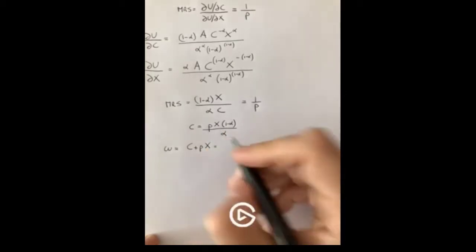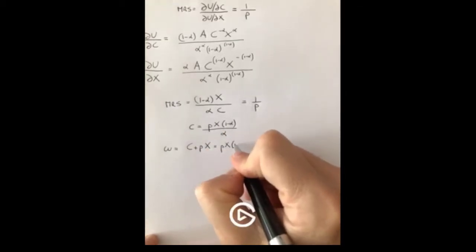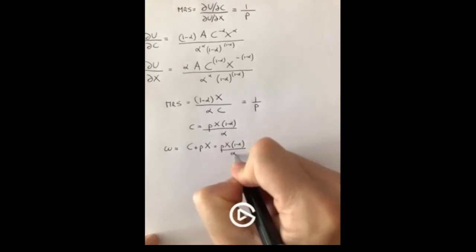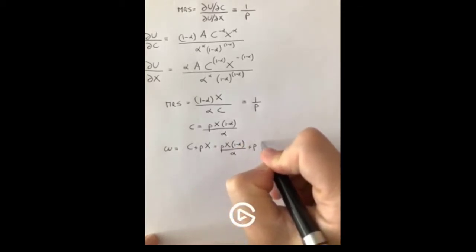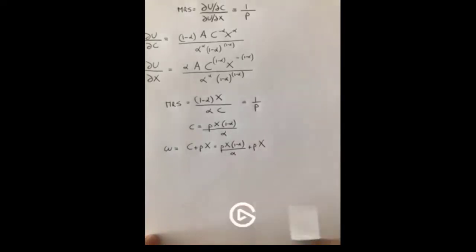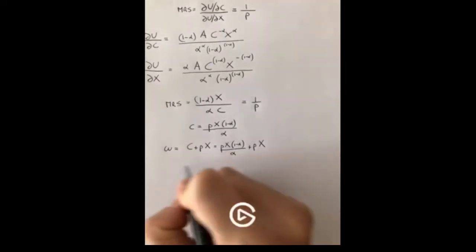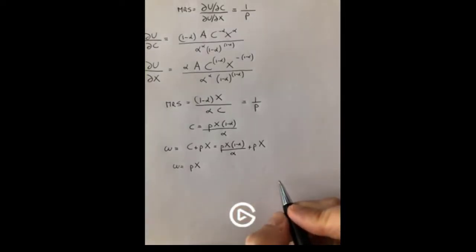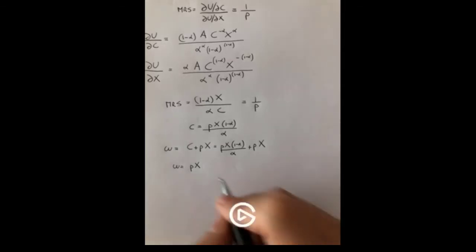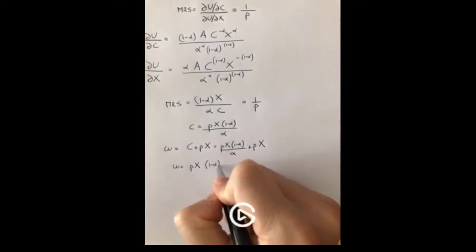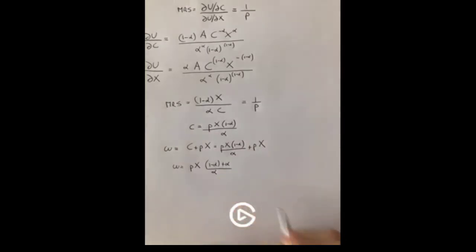So I can write this as Px times (1 minus alpha) divided by alpha plus Px equal to W. Or this can be written as W equal to Px that multiplies (1 minus alpha) divided by alpha plus 1, okay?